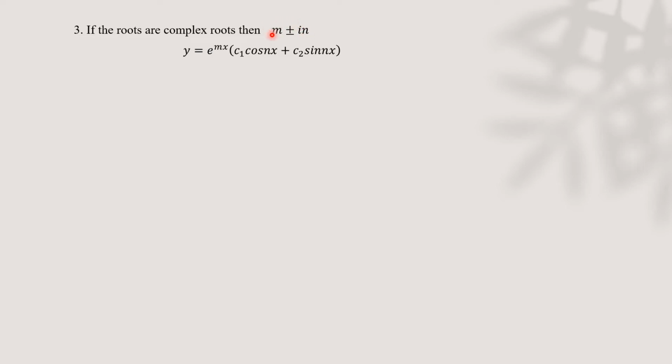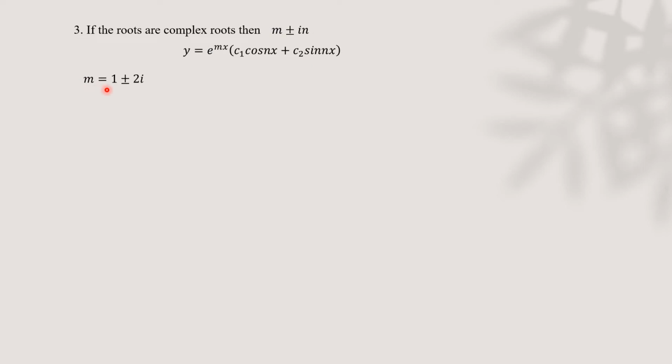If we get only an imaginary part, that is another way of representing the solution. If we get both real and imaginary parts, this is the way of representing the solution: y equal to e power mx times (c1 cos nx plus c2 sin nx).